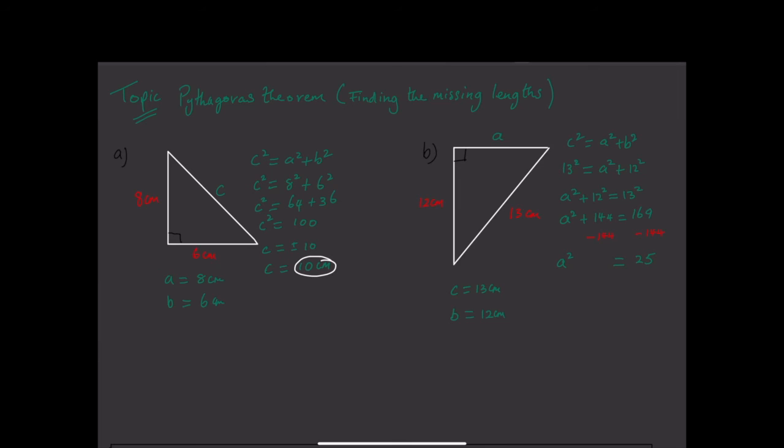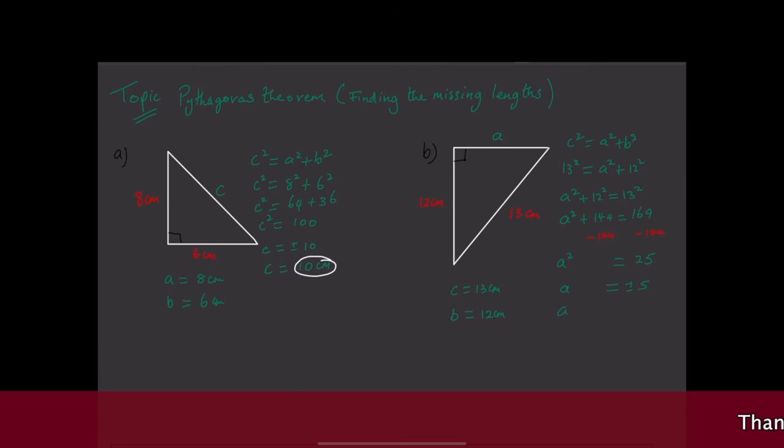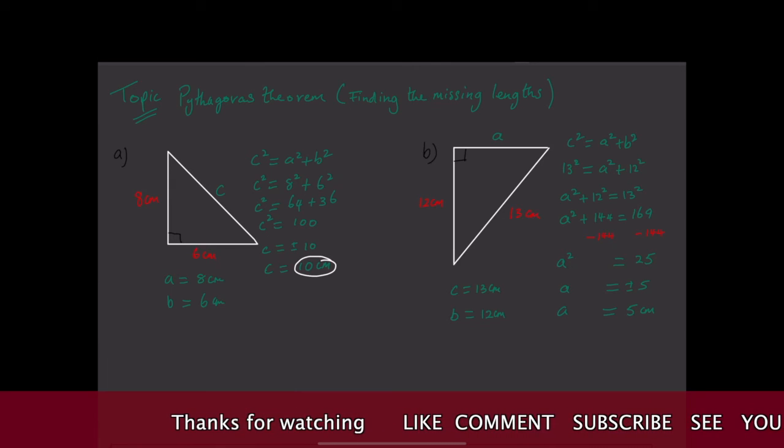Now we have to take the square root to both sides. So we get A equals plus or minus 5. And since we are finding the length of a shorter side, then A must be positive. So we take positive 5 and we put in our units.